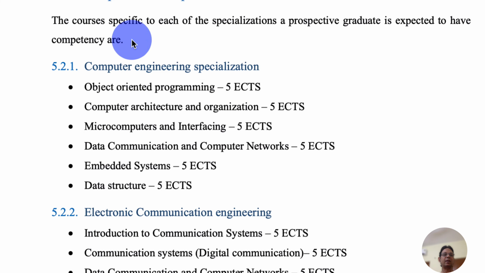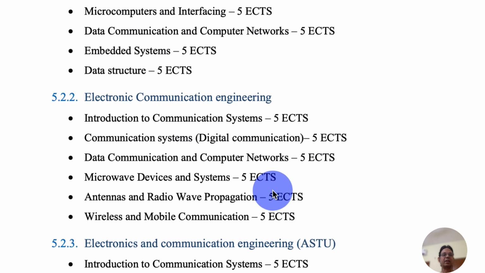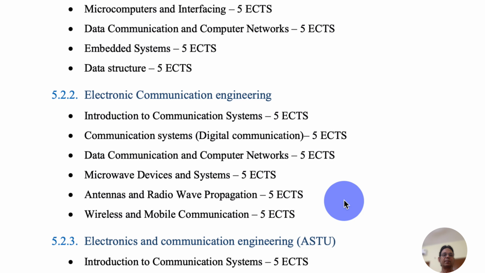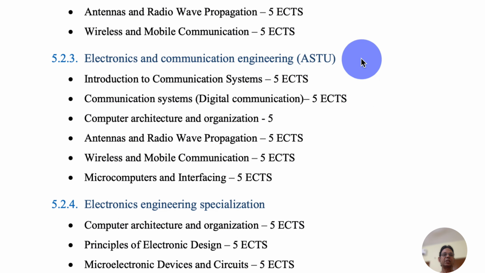If a student has specialization in computer engineering, then these courses are covered. If a student has specialization in electronics and communication engineering, then these courses he has to prepare. Then a student with specialization in electronics and communication engineering, especially in the AS2, can have this.